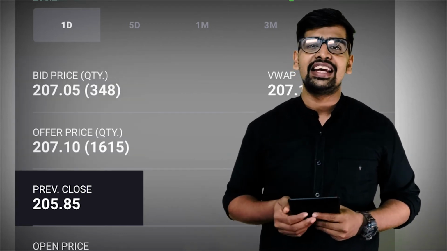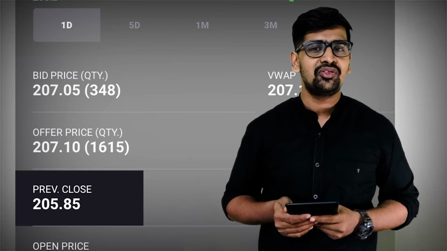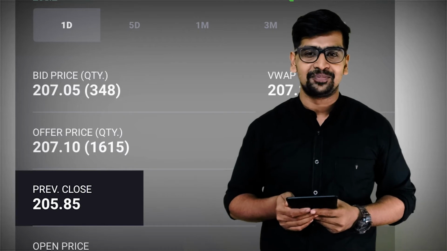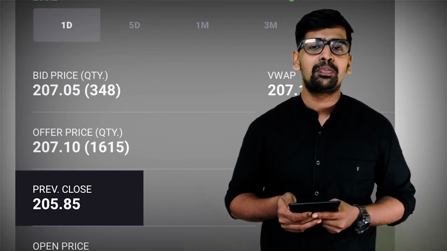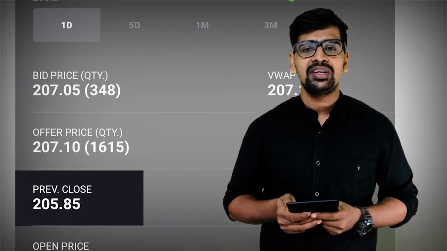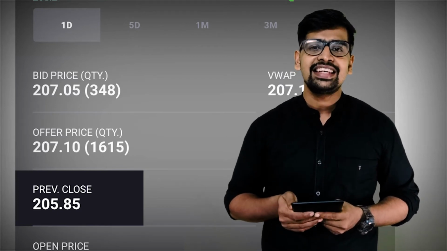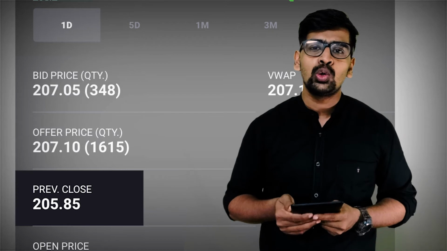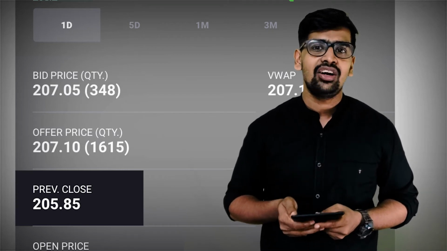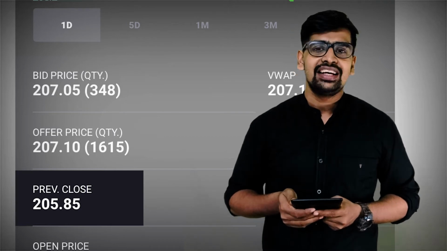Stock markets in India are open from 9:15 am to 3:30 pm from Monday to Friday. In this example, you can see the previous close price of ITC is 205 rupees 85 paise. This is the close price as on the closing hours of the previous day of trading, that is on the 2nd of July 2020.